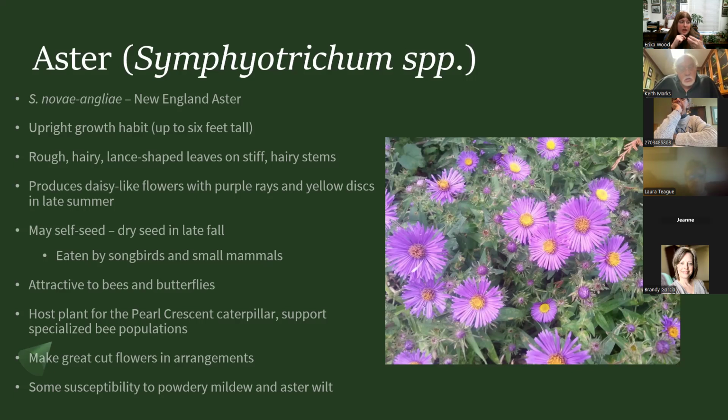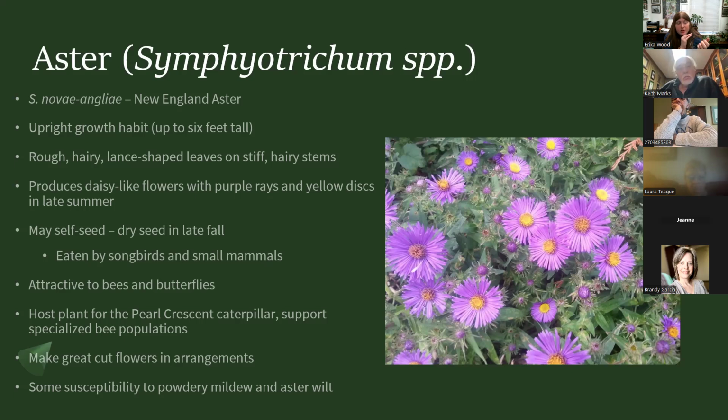And something that I'll mention, especially with other plants that we talk about today, is you want to leave those seed heads up into the fall and winter months just because it provides a really great food source for our wildlife. It's very important for that. So, especially when we think about garden cleanup in the fall, I would honestly encourage you all to leave these up to allow the wildlife to feed on them.